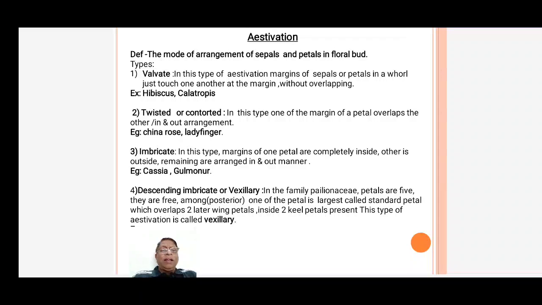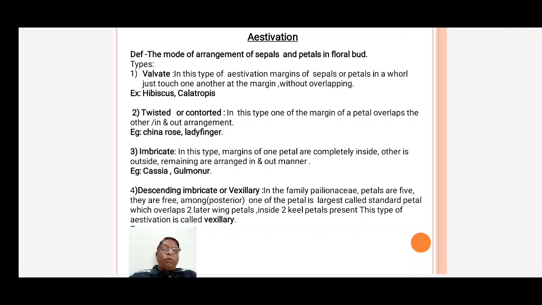See the diagram. In this family, for example pea, petals are 5 in number. They are free. We call it polypetalous.